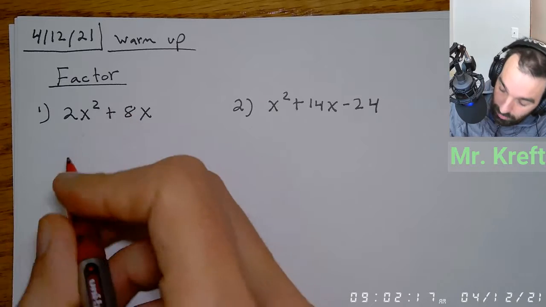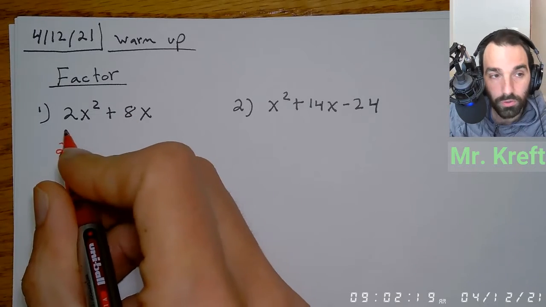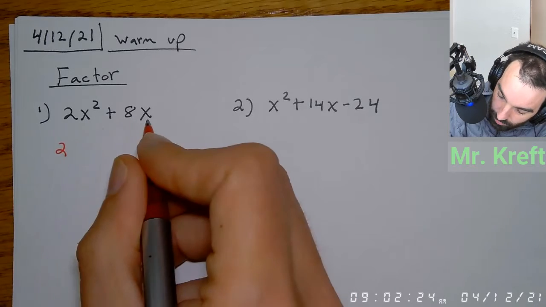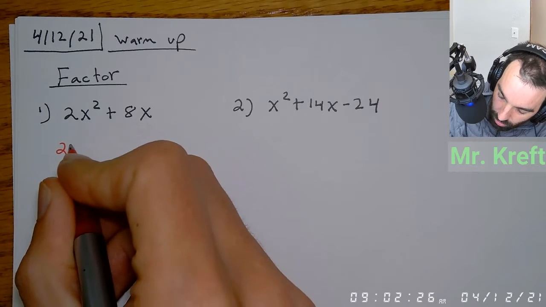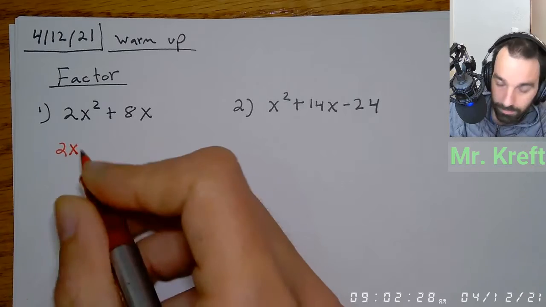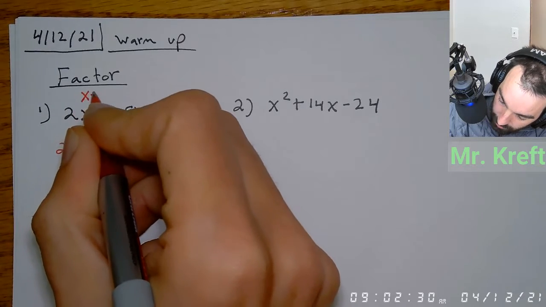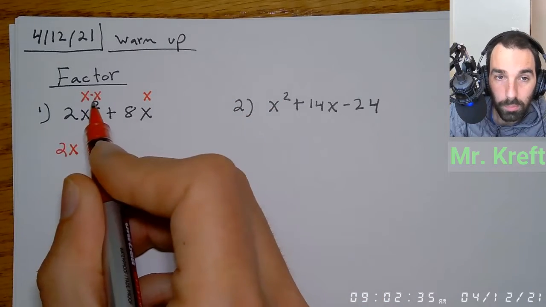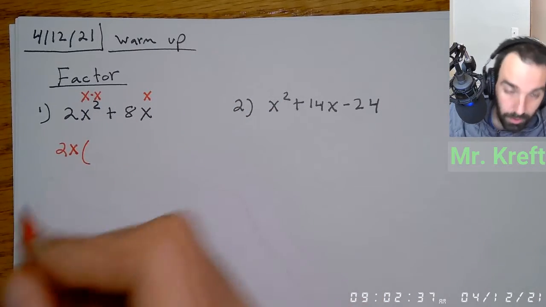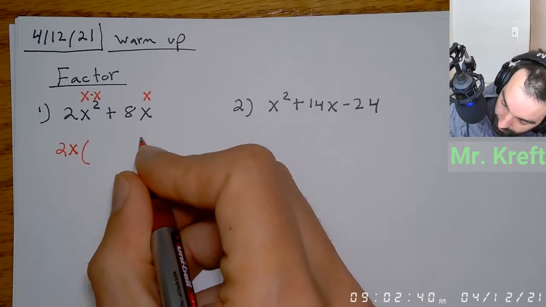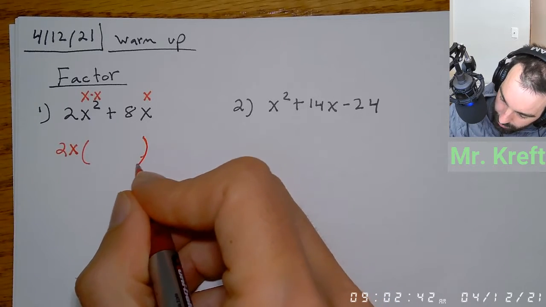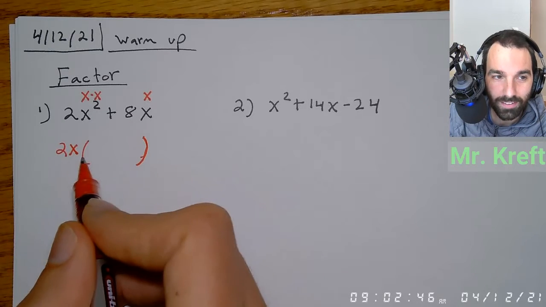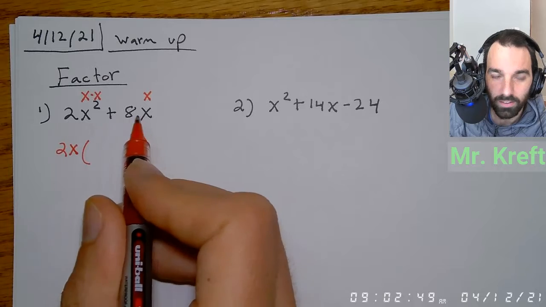The biggest number that goes into both here is 2. 2 goes into 2 once, 2 goes into 8 4 times, and it looks like I have 2 x's here and 1 x here, so that is 1 in common. Remember, x squared is x times x, and this is just x, so this just has 1 more x multiplied. So we're going to pull that out, and then it's kind of like a game show. We know the answer, we just have to figure out 2x times what gives me the answer.